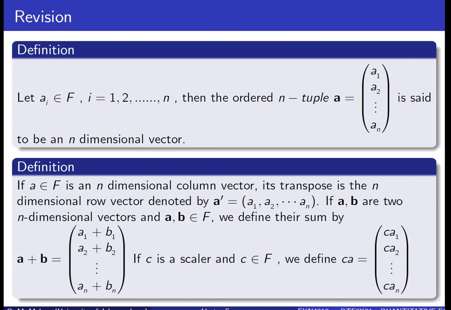So a plus b is just you add every component of a and every component of b. If c is a scalar in F, we define ca as (ca_1, ca_2, all the way to ca_n), which means you multiply every component of your vector with the scalar c.